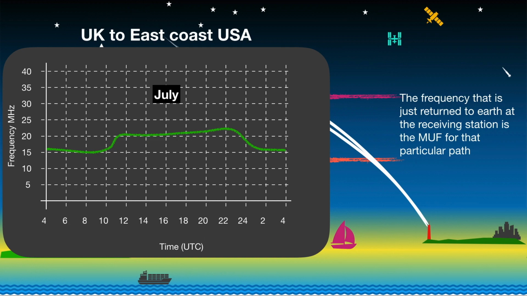And we can see then that from midday on to the early afternoon, we can use higher frequencies because the F2 layer is more ionized and our signal won't simply pass through the F2 layer. But it takes until 10 o'clock, for example, until we can start to get above 15 megahertz.